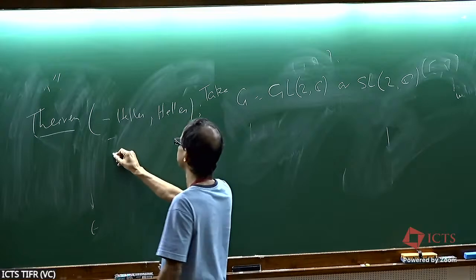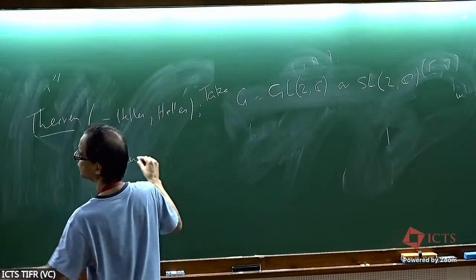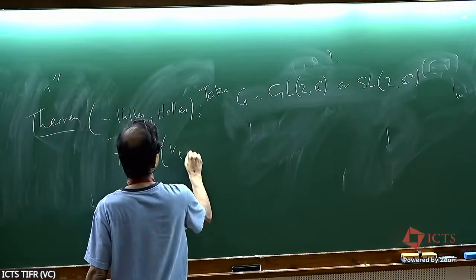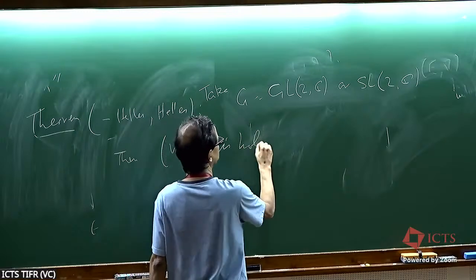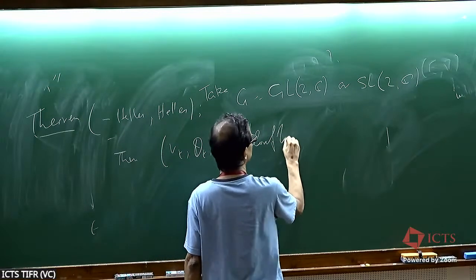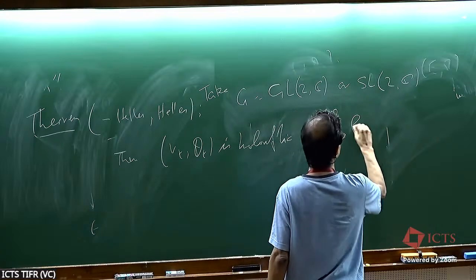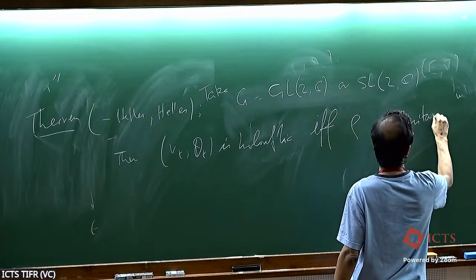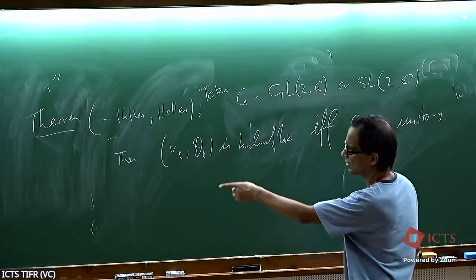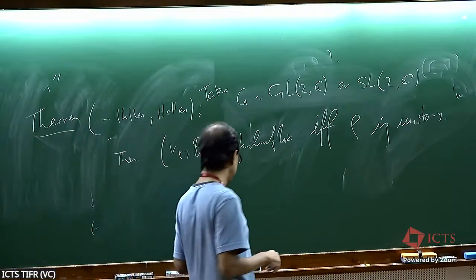Then this family Et, theta t is holomorphic if and only if rho is unitary. So this is indeed true for SL2C. But this is not true in general, that's what I'm trying to say.